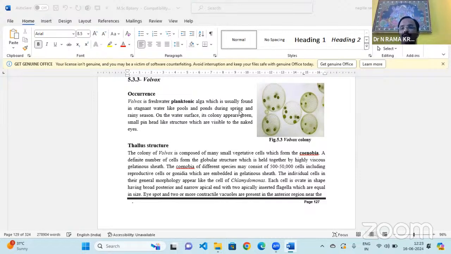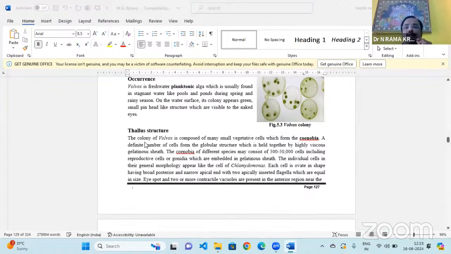This is the most important. This one, coenobial forms occur in temporary and permanent freshwater pools, small in size, about a pinhead. Now you see here the thallus structure. Here I am showing one diagram. This is a Volvox colony.